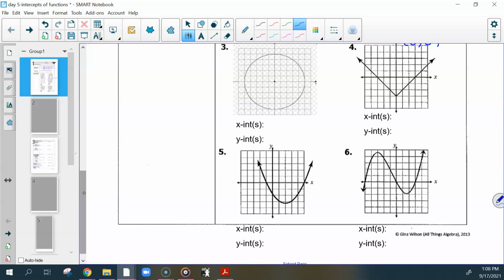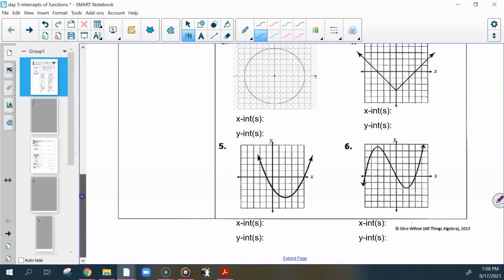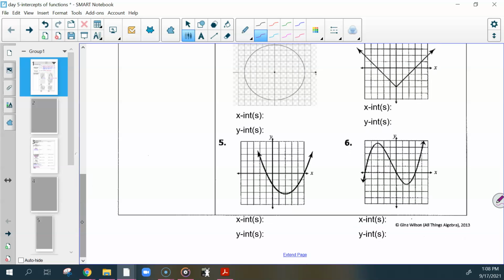Number 6. What are the x-intercepts? Negative 5 is one of them, 0, 0, and 3. Yep.